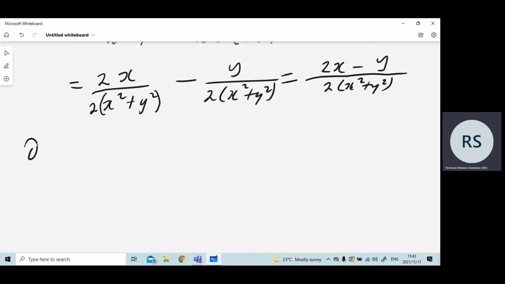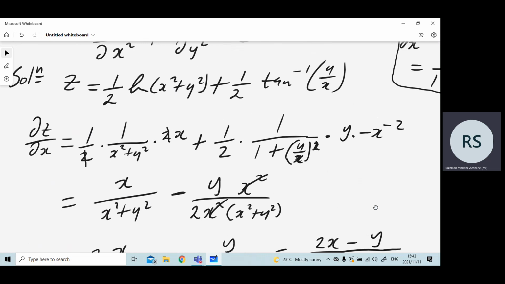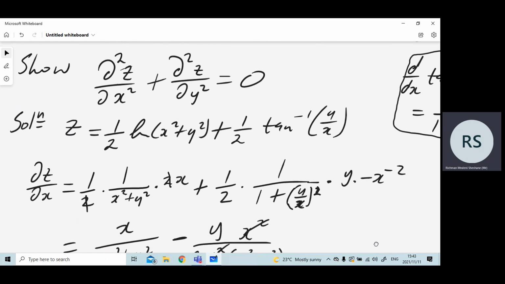You still remember my first term on my left-hand side is the second partial derivative of z with respect to x. Now I will be able to find this first term. I'll go slow.